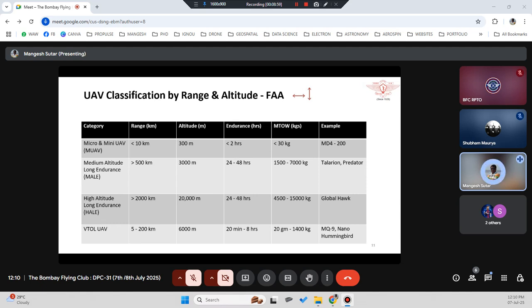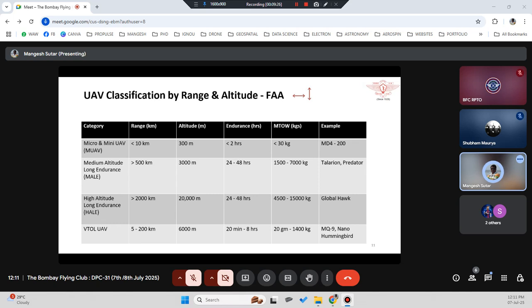Clear on the FAA? These three slides are just for your understanding of our case and the other countries' classes. More or less these are followed by Australia, Europe, and the UK. Everybody follows the same terminology: range, altitude, and size, whereas we follow the category and classification based on type and weight.